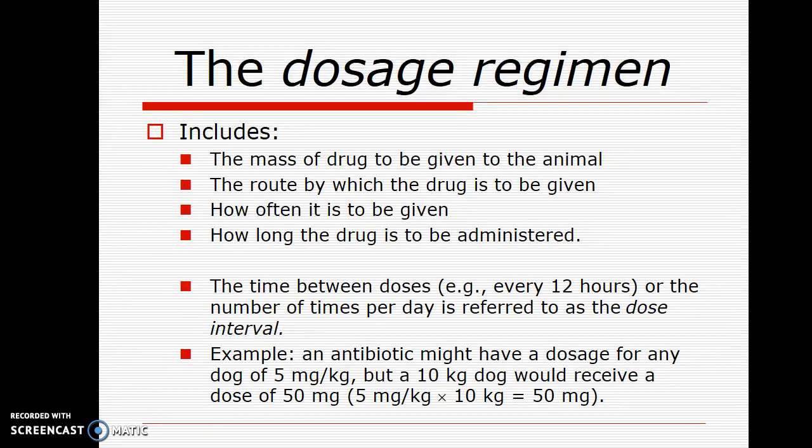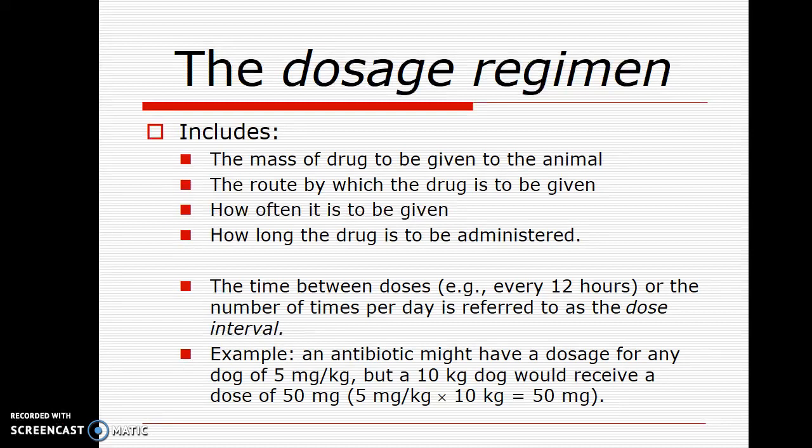So we have to complete everything in the record, and that includes in what frequency and how long a drug is given to an animal. So the total dosage regimen that we're going to put into a record is going to include the mass of the drug to be given to the animal, that's the dose, the route by which the drug is to be given, how often it is to be given, and how long the drug is to be administered for.